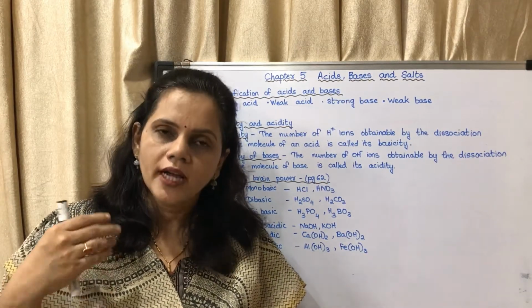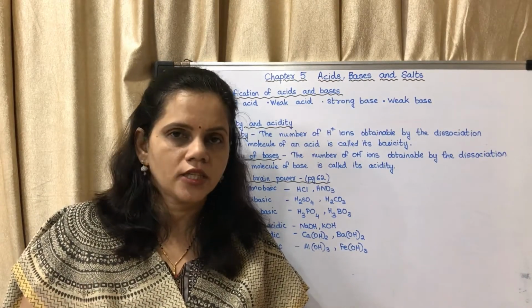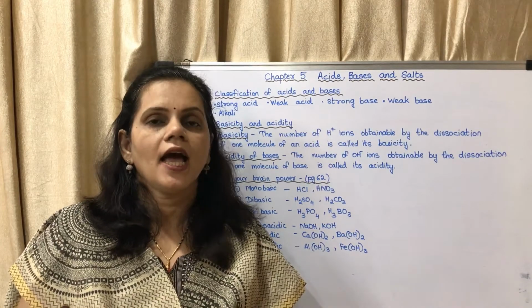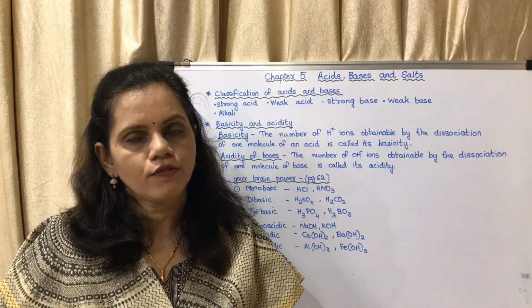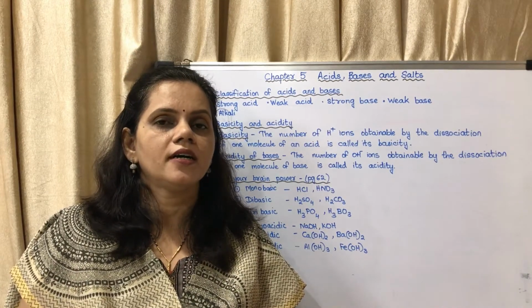Now when an acid is dissolved in water, if the dissociation does not take place completely and not enough H positive ions are formed, then it is said to be a weak acid.